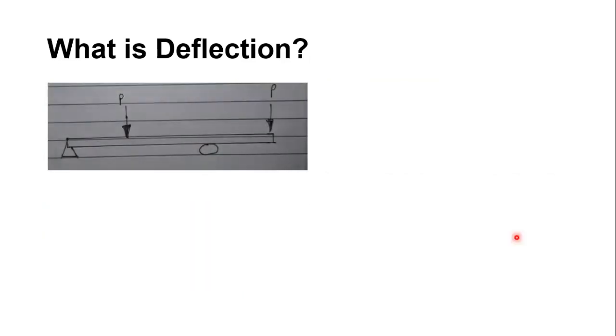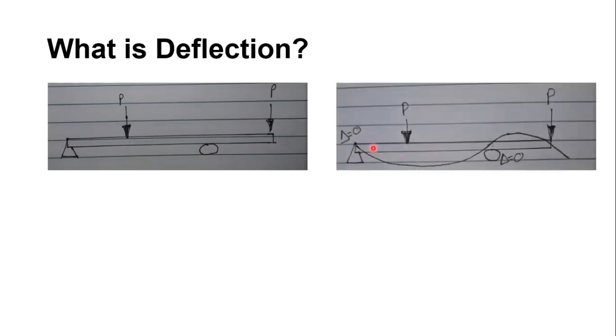So next naman, paano kapag ganito? Meron tayong dalawang loads. So isa, yung unang load natin dito nasa pagitan ng support and then yung isa naman is nandun sa end. So kapag ganon, katulad ng diagram kanina, ang mangyayari is magde-deflect tayo dito pababa.